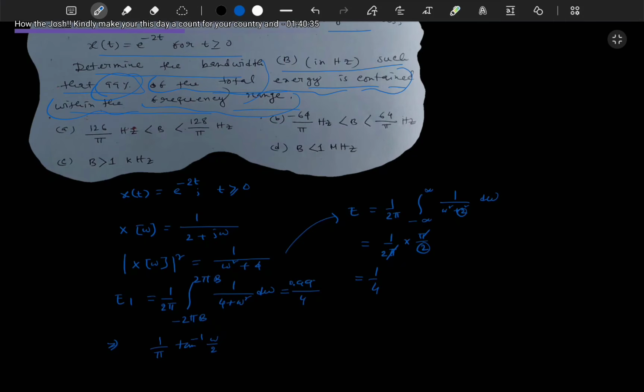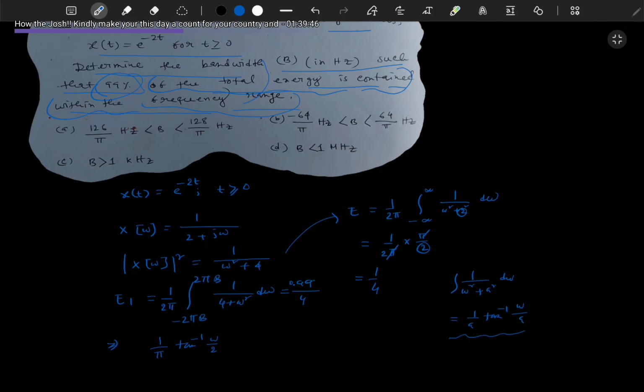Just a second. I think I can do this. Yeah, the formula is integration of 1 by (omega square plus a square) d omega equals 1 by a tan inverse omega by a.